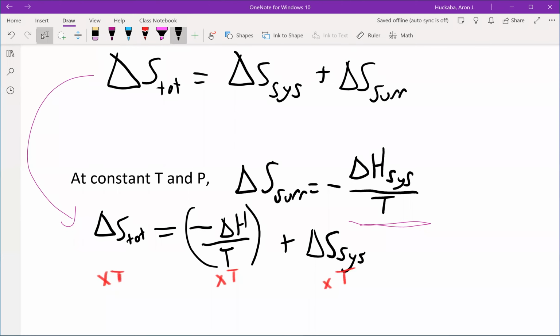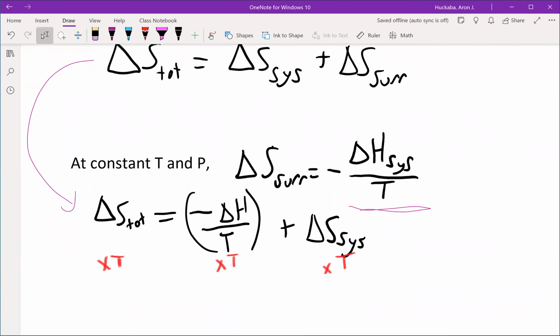And when we do that, we get T delta S, the temperature times the total entropy of the system, is equal to now negative delta H plus the temperature times the entropy of our system.